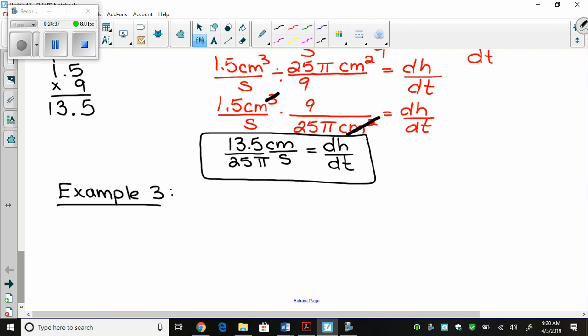A ladder (8 meters long) leans against a home.